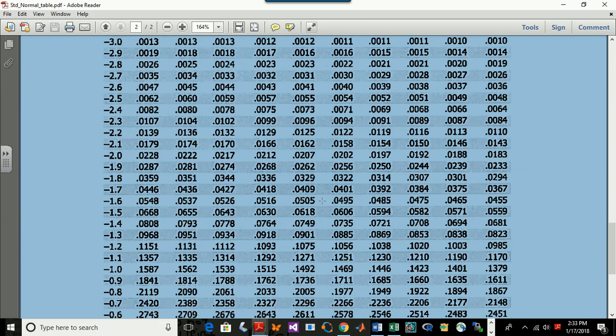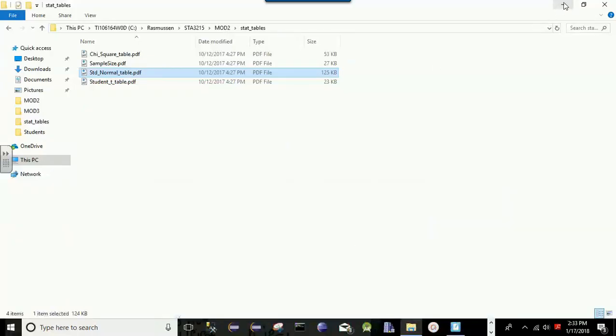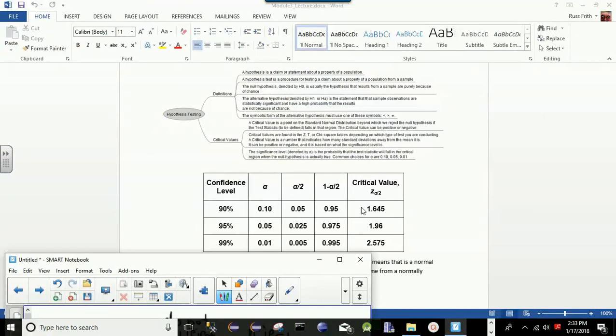So in this table, the author of the table made an omission. If you want the probability for 0.05, that's negative 1.645. So just to clarify an omission in this particular table, you should put a plus or minus sign here. The minus sign being associated with this particular alpha over 2, and then the plus 1.645 is associated with 1 minus alpha over 2.